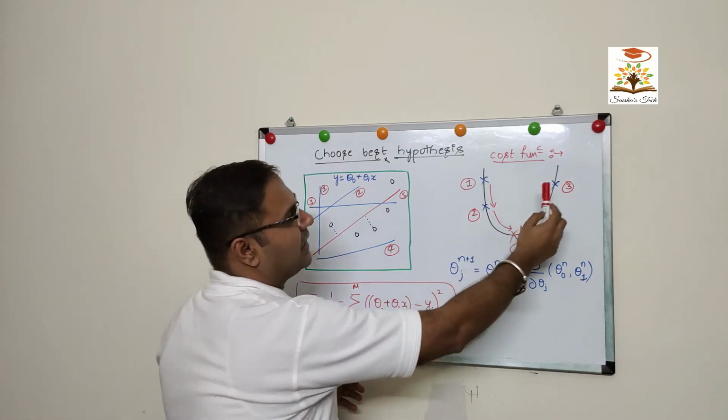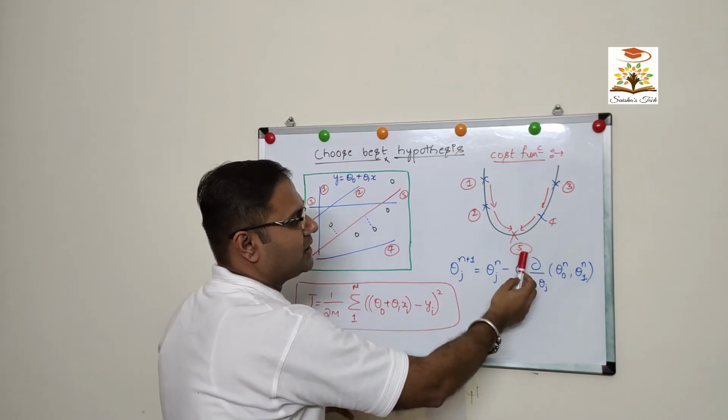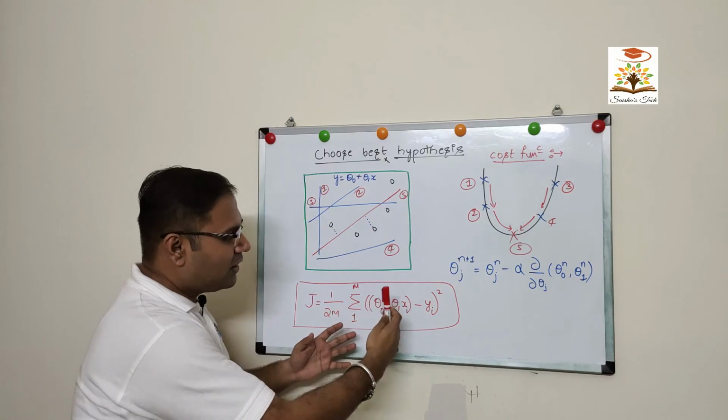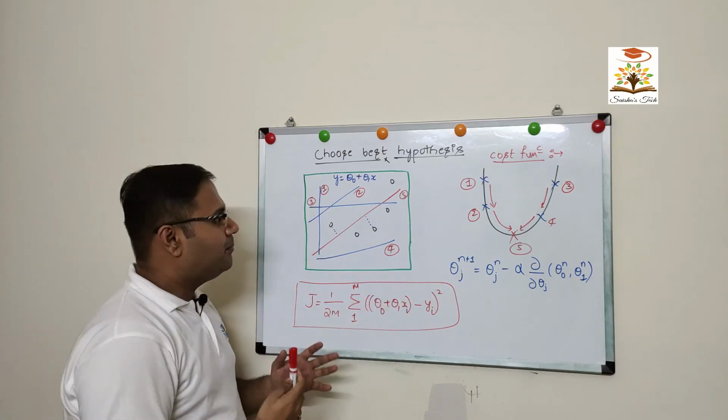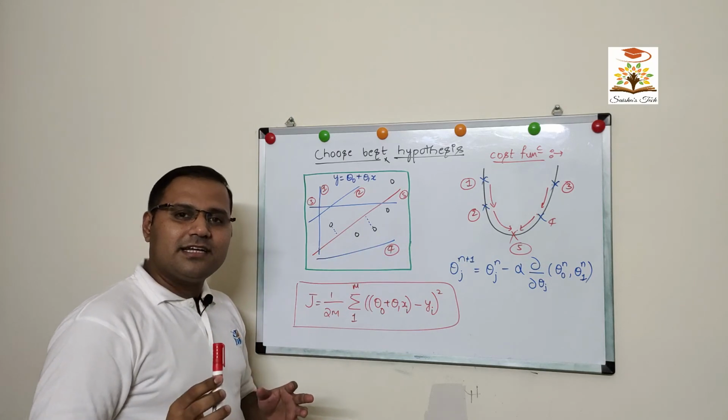Similarly, if we start at point number 3, we go to point number 4 and then towards 5. This is how the cost function helps us to build the best hypothesis and linear regression model.